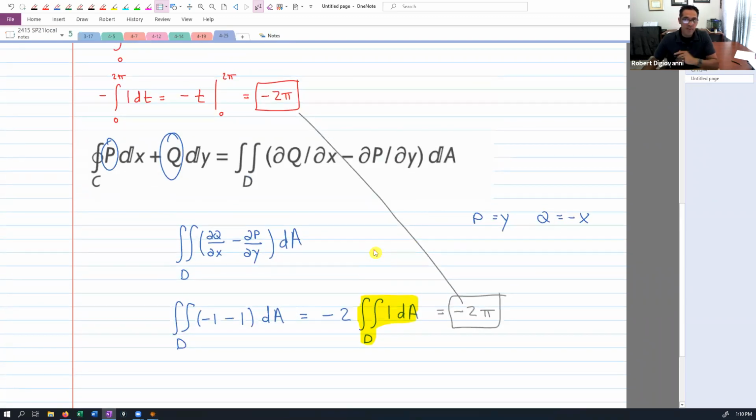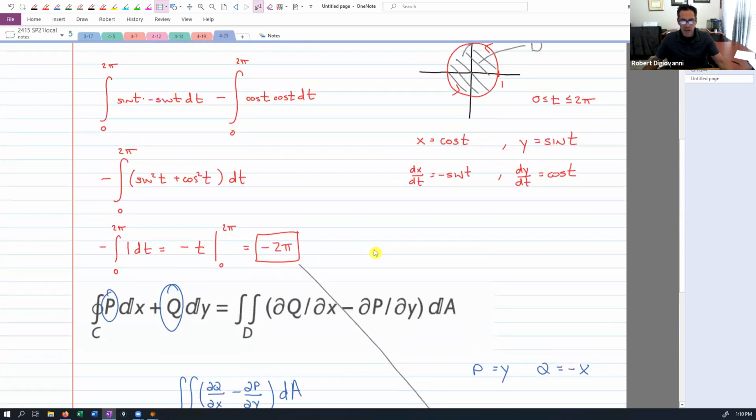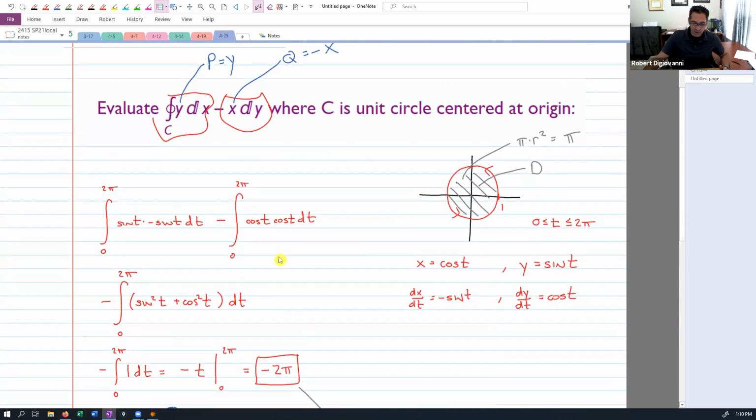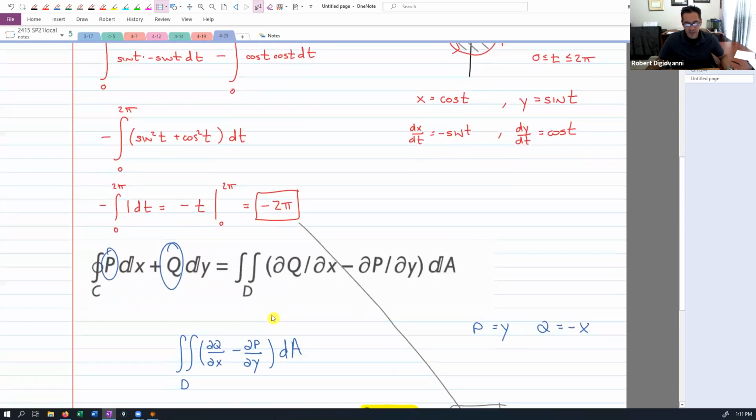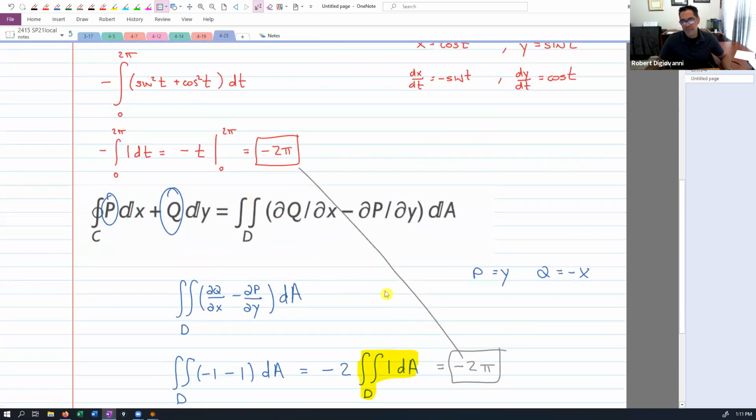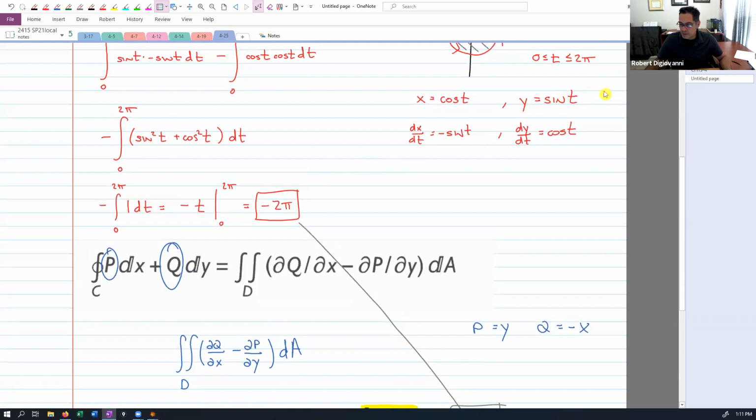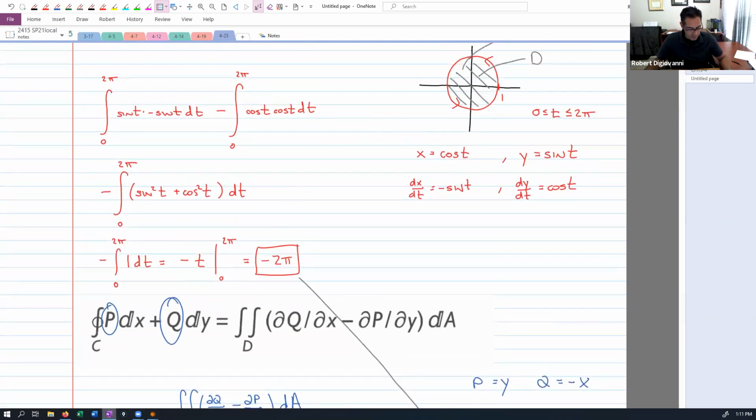It won't always turn out that way, but when it does, it's nice. Now, I would argue that the work we did here wasn't that bad. Like, this isn't terrible, right? So you could argue both ways, or, you know, almost equal work. I don't know. But how about the next example?